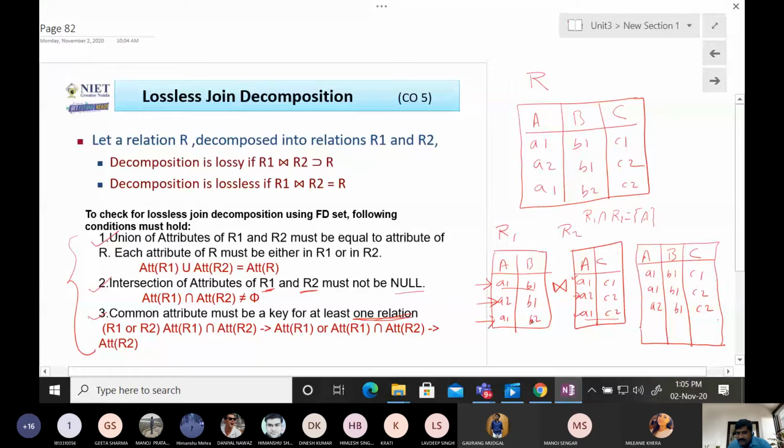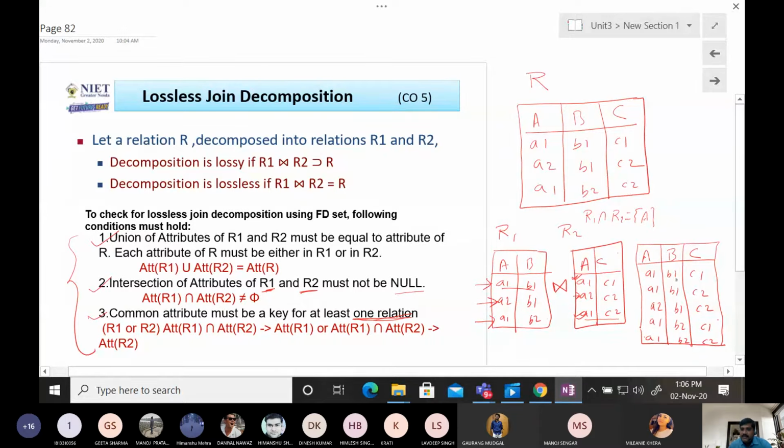Again the third is also associated with this tuple and this tuple. Why? Because A1, A1 common. So here we will write A1, B2, C1, then A1, B2, C2.